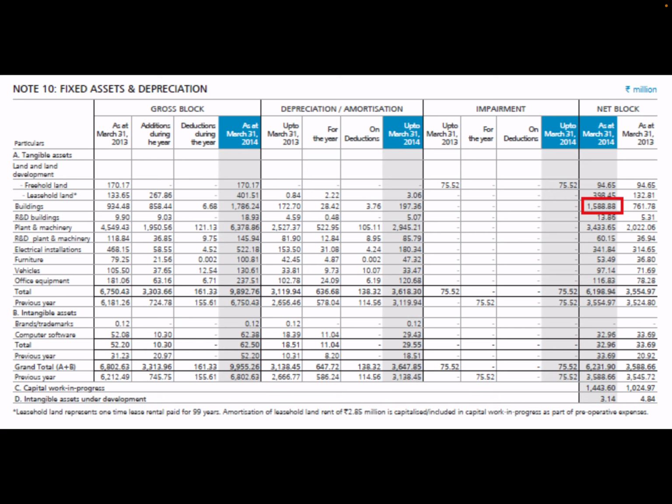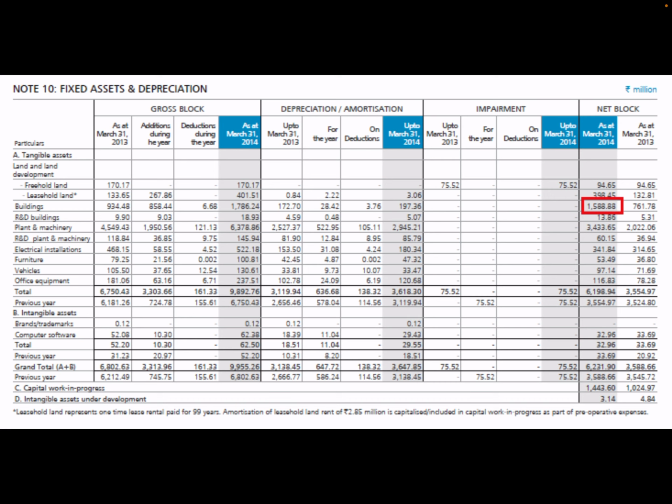The next two line items under the fixed assets are capital work in progress and intangible assets under development. CWIP includes buildings under construction, machinery under assembly, etc. at the time of preparation of the balance sheet. Here it is aptly called the capital work in progress.